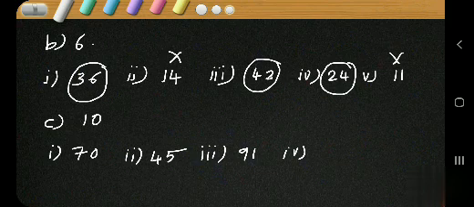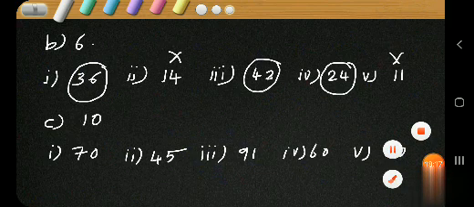Fourth one, 60. And finally, 80. So we have to encircle the numbers which are multiples of 10. In other words, we have to encircle the numbers which are in tens table. So let's start.